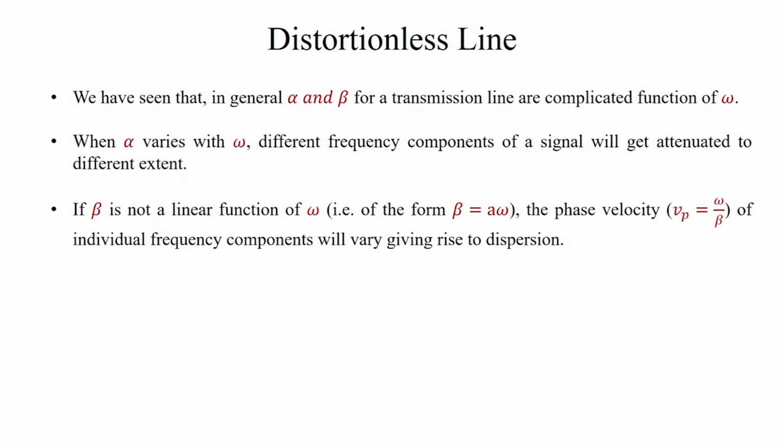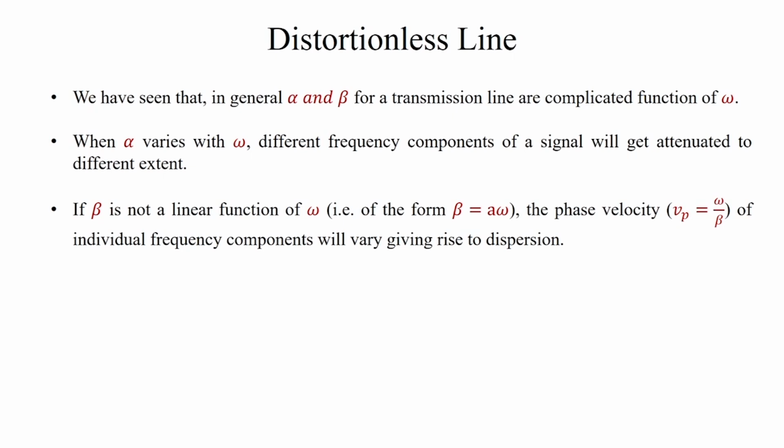Similarly, if beta is not a linear function of omega, that is, not of the form beta equal to some a omega, the phase velocity V p, which is given by omega by beta, of the individual frequency components will vary, giving rise to dispersion.